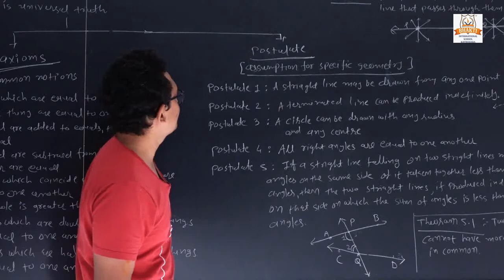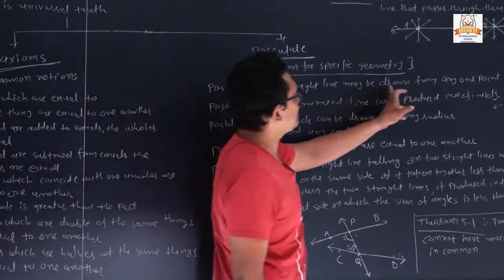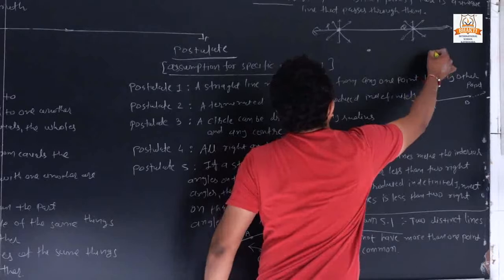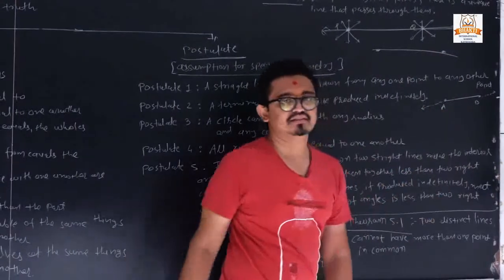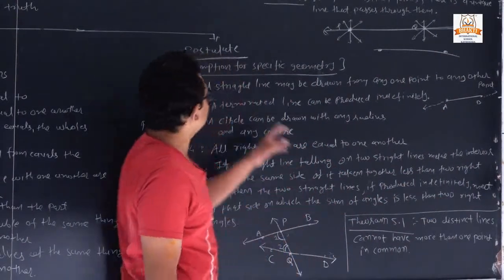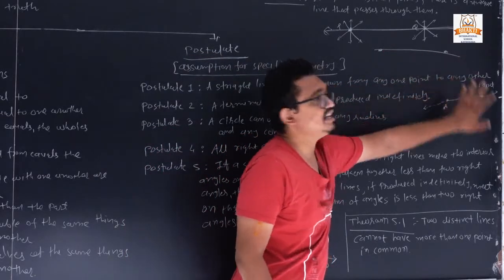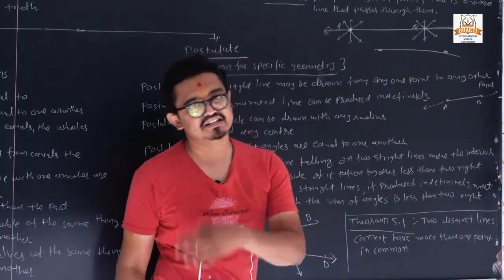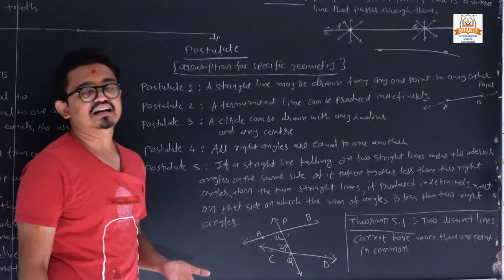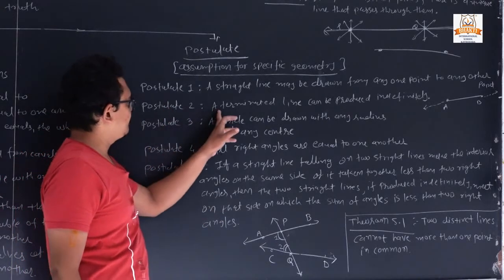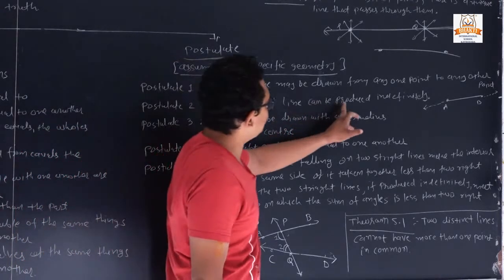First postulate, a straight line may be drawn from any one point to another point. Suppose we have points 1 and 2, so we can draw the line. Clear? So a straight line may be drawn from one point to any other point. So it is a universal truth. Clear? Second postulate, a terminated line can be produced infinitely.